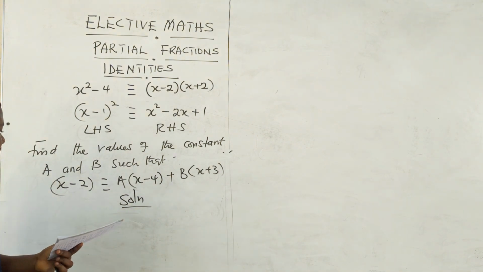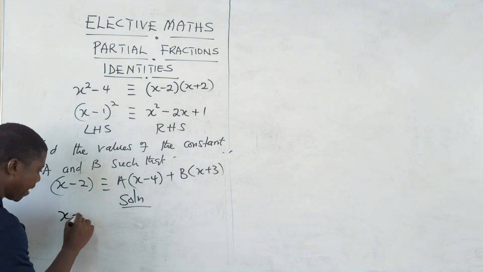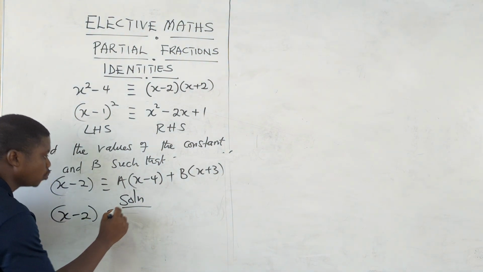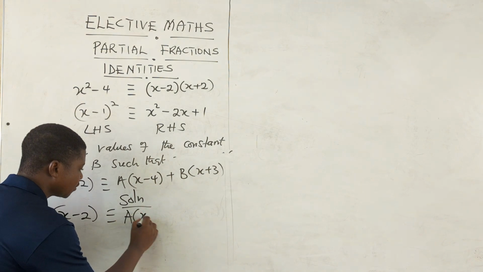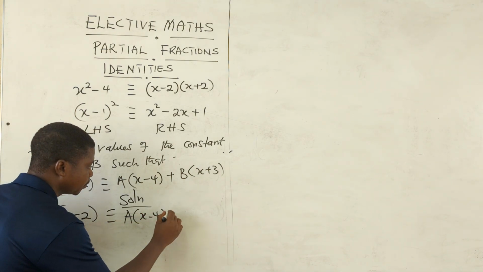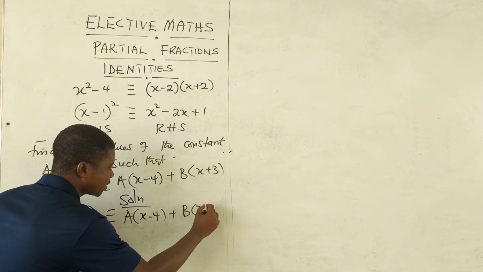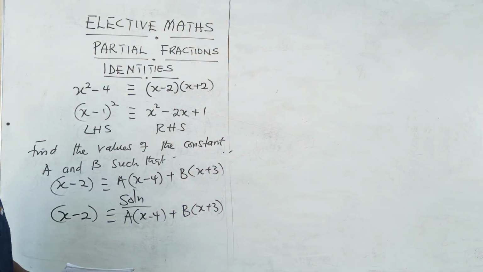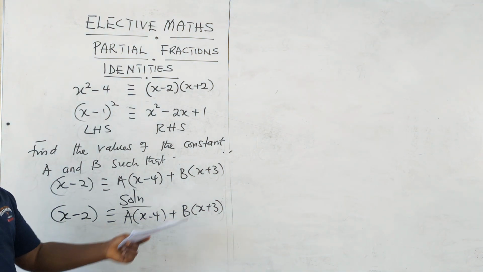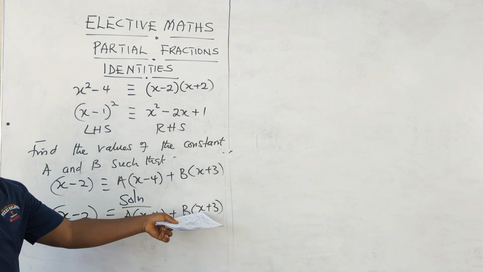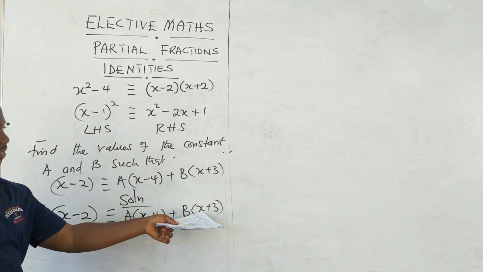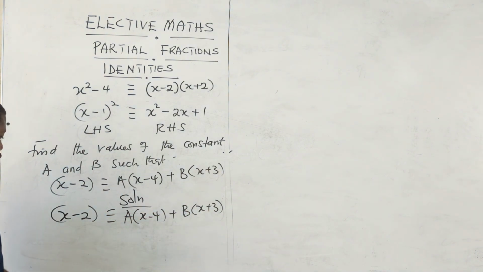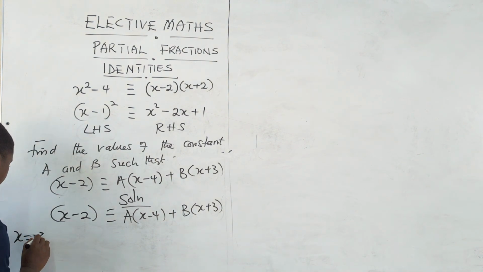So you have x minus 2 is equivalent to A(x minus 4) plus B(x plus 3). I want to eliminate B first. If I want to eliminate B, then x should be negative 3, so the whole of this will be 0. When x equals negative 3, wherever you see x, I put negative 3.